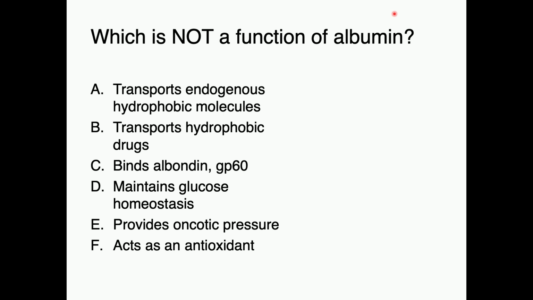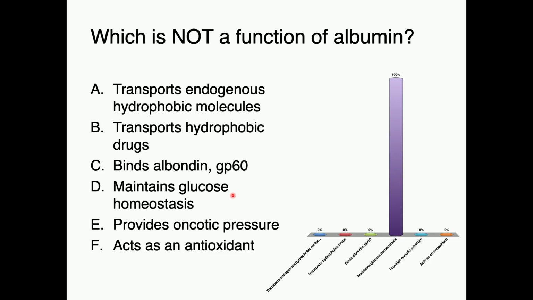And honestly, albumin does so much in the body, maybe you could make an argument that because it's carrying metformin around or something, it would promote glucose homeostasis, but I think this is the answer that I had in mind. Okay. All right, very good.